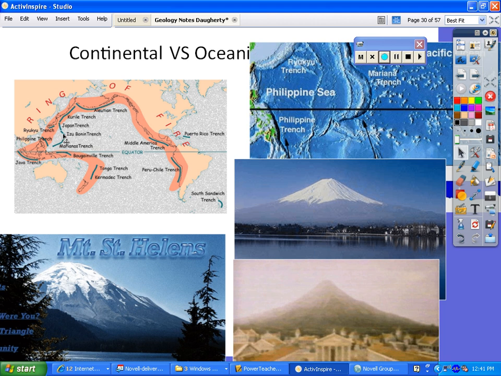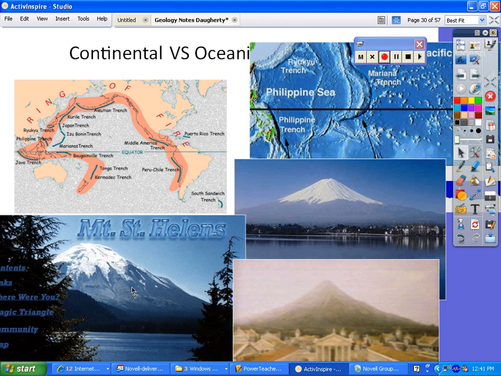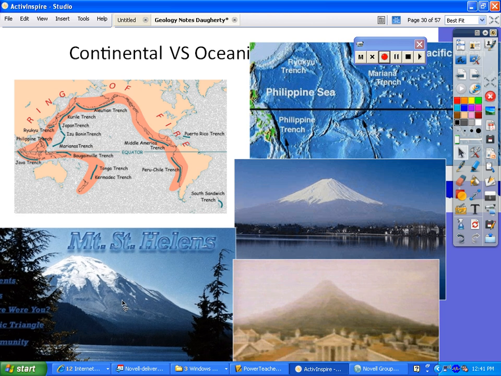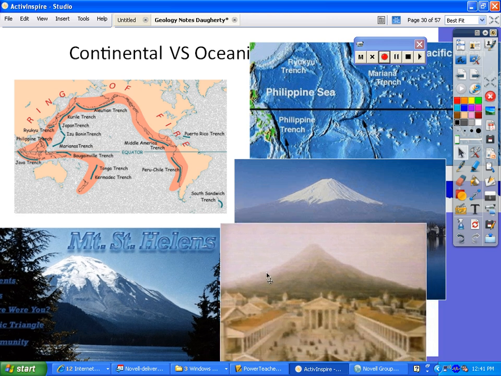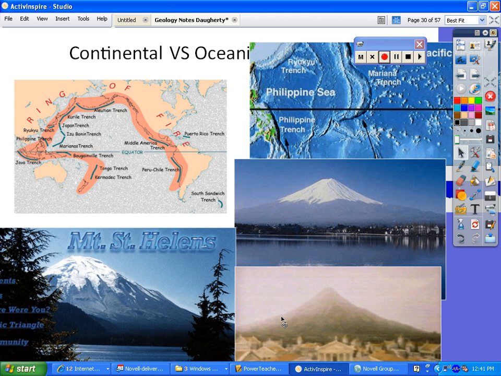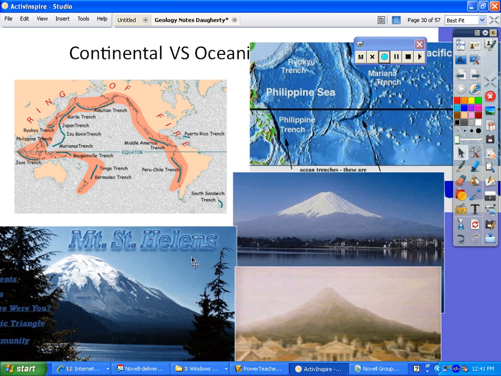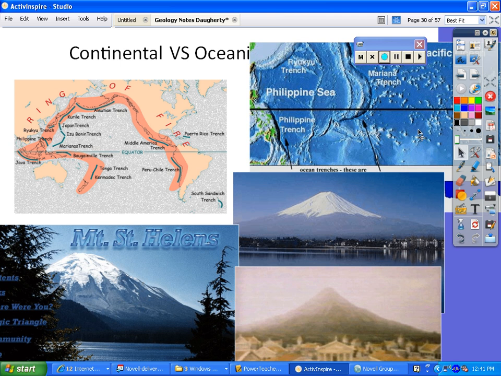Yep, here it is right here. And a whole bunch of other trenches where we have a lot of convergence. Mount St. Helens, out in the west of our country, is a good example of convergence. And then we said this is Mount Vesuvius in Pompeii. This is Mount Rainier out in Washington. All of these mountains have volcanic activity too.